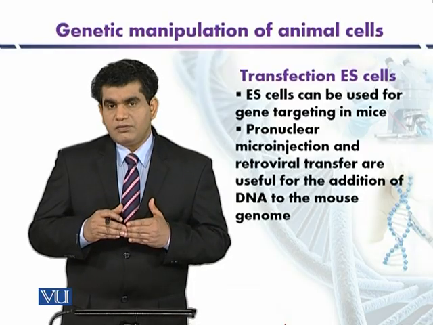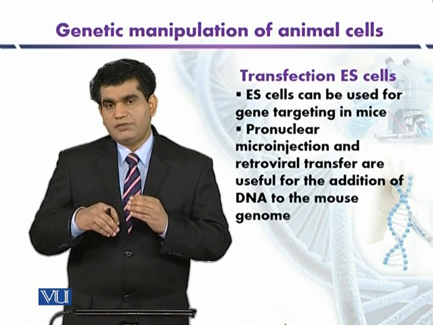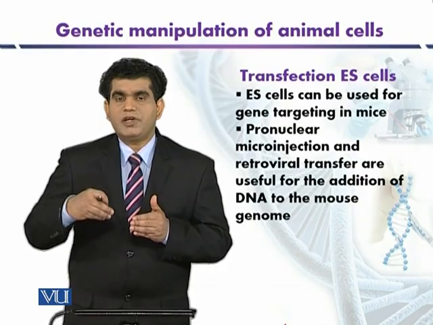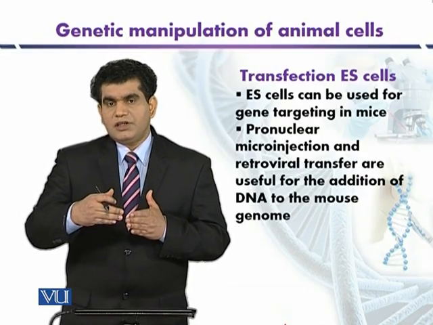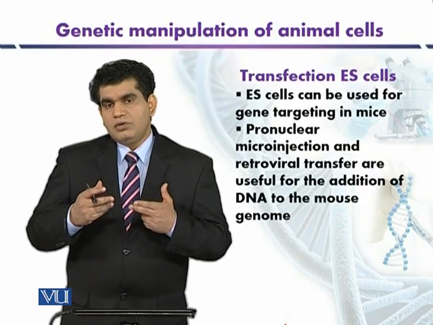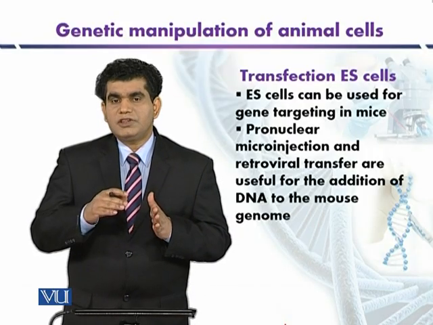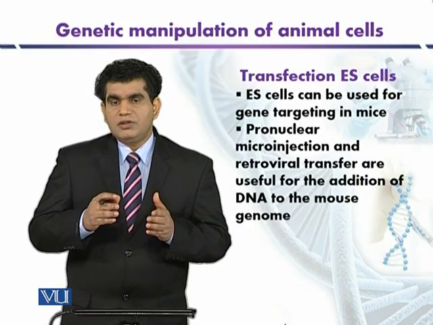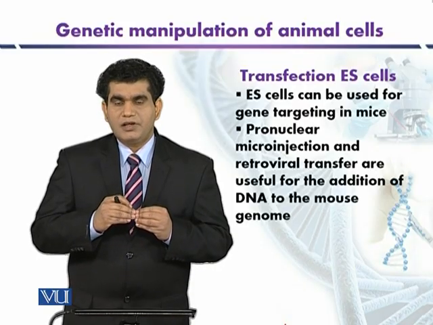Whereas in the case of embryonic stem cell transfection, when the ES cells or embryonic cells are transfected, we shift the cells into the cavity of the blastocyst. In this way, cells from two sources come together. So the cells are from two ancestors, and two different genetic makeups can combine in the case of chimeric embryos.